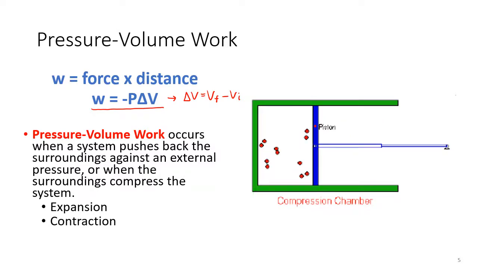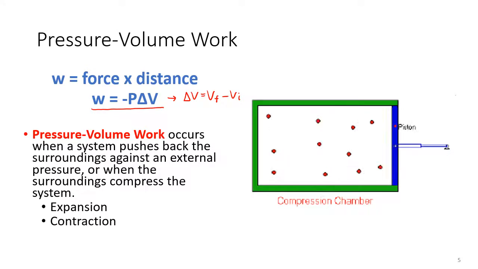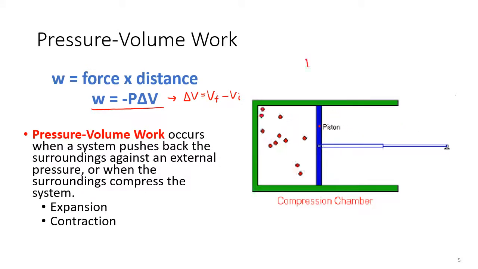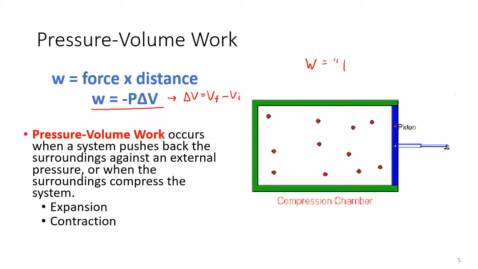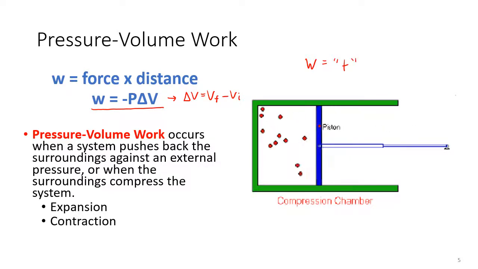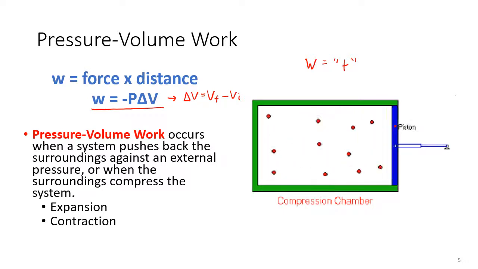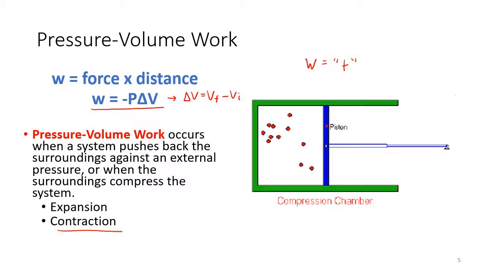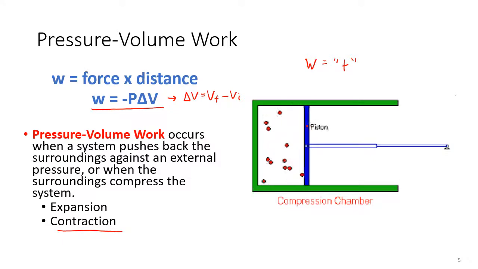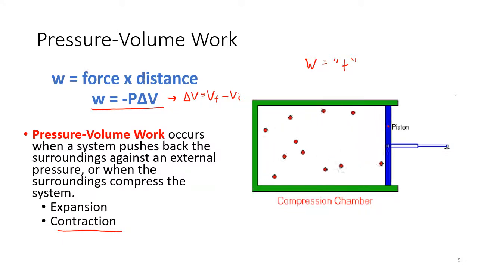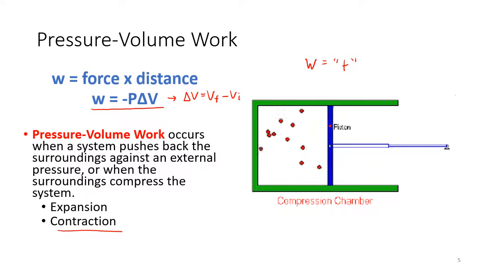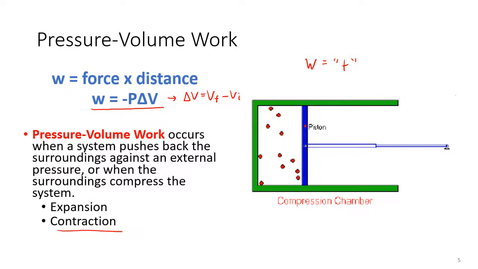In this example, since the surroundings are pushing down on the system, the work would be a positive value because the surroundings are doing work on the system. This would be an example of contraction work. In expansion work, the piston would be moving up away from the system and doing work on the surroundings. In that case, work would be negative.